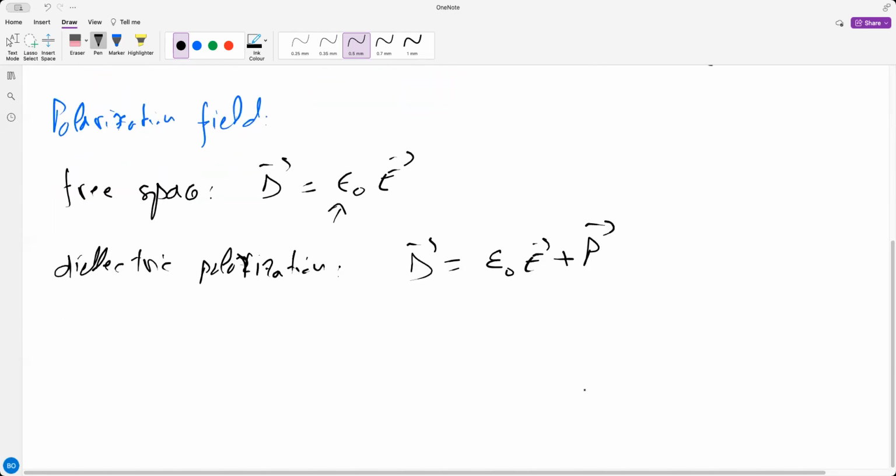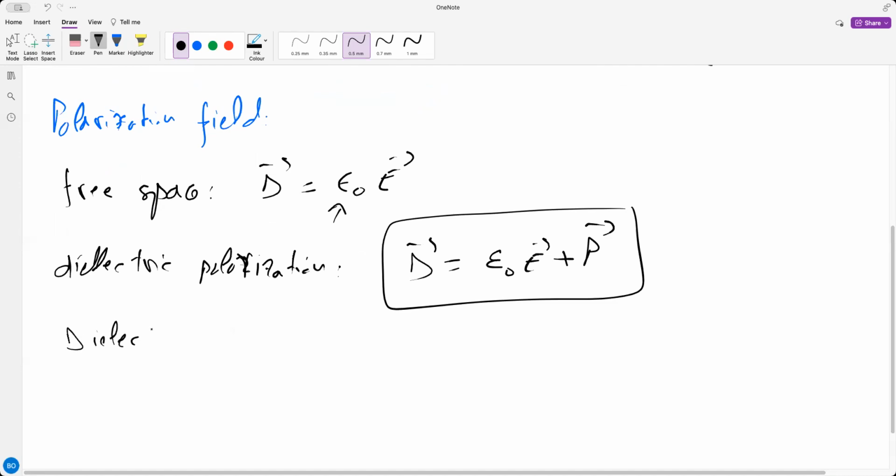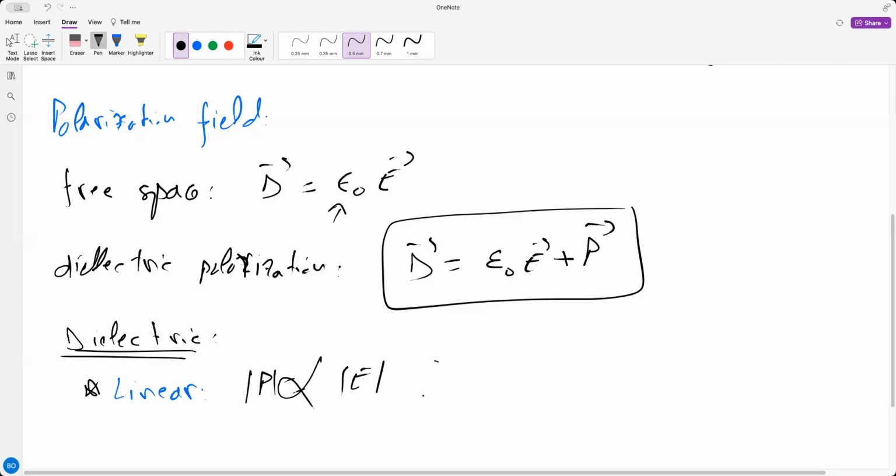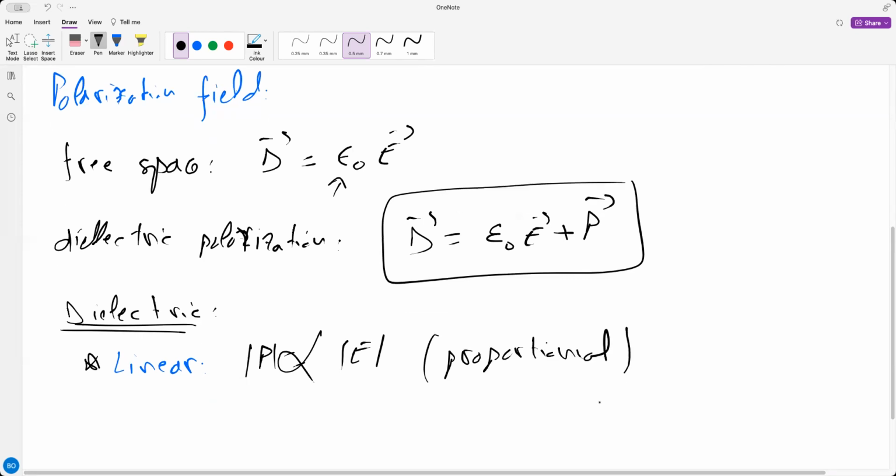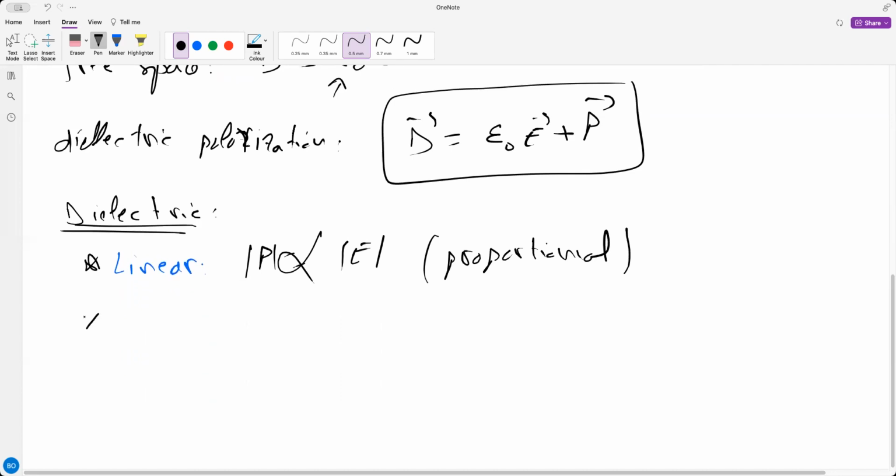Okay, so let's first define the following. A dielectric is said to be linear if the polarization field is proportional to the external electric field. Proportional. Okay, so this is one definition.